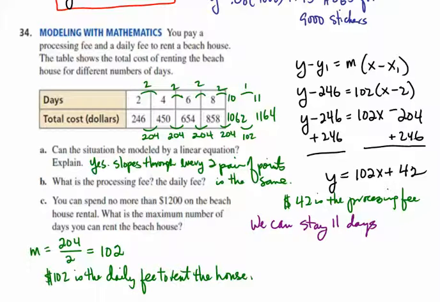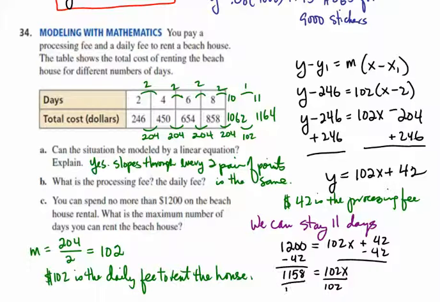I'll show you quickly one other way that we could figure this out, and that would be set y equal to 1,200 and the right side equal to 102x plus 42. Let's subtract 42 on both sides, and that gives us 1,158 is equal to 102x.